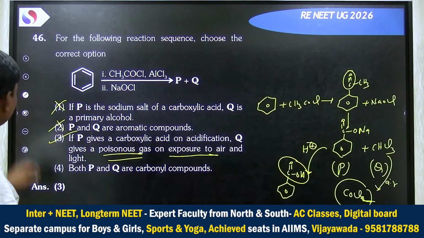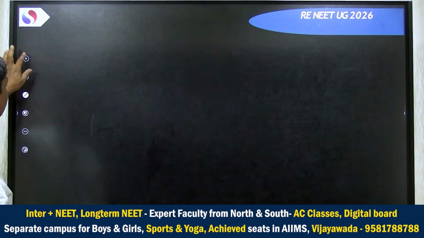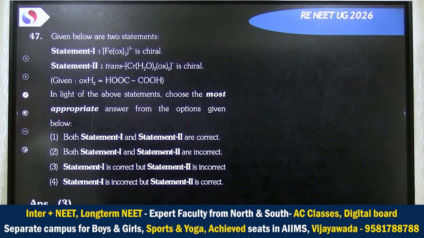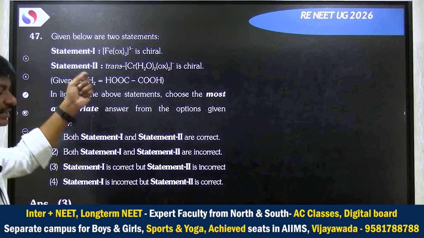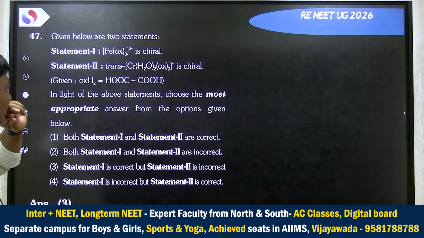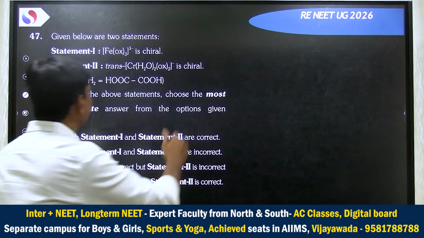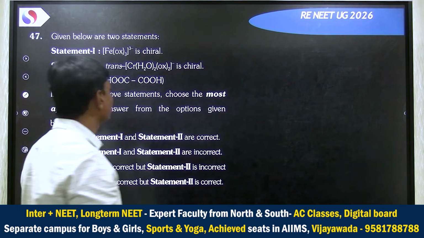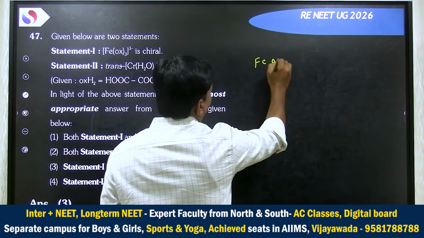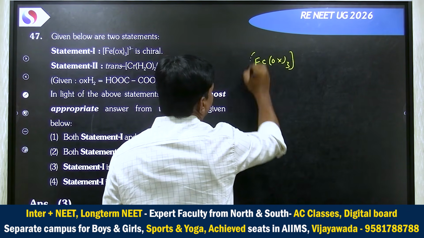Okay. Next one. Then go to the 47th question. Given below are two statements. Statement 1, one component is there. Statement 2, another component is there. Both are chiral components. So here the first statement has [Fe(ox)3]3-. What is the structure of [Fe(ox)3]3-?